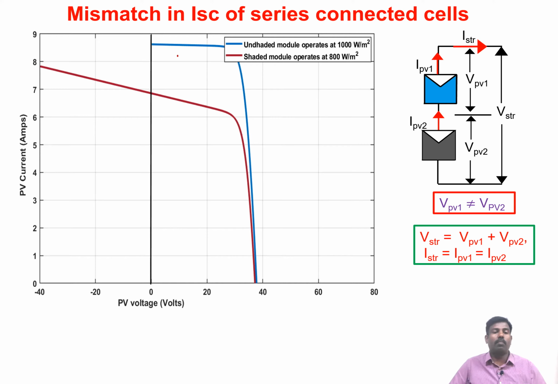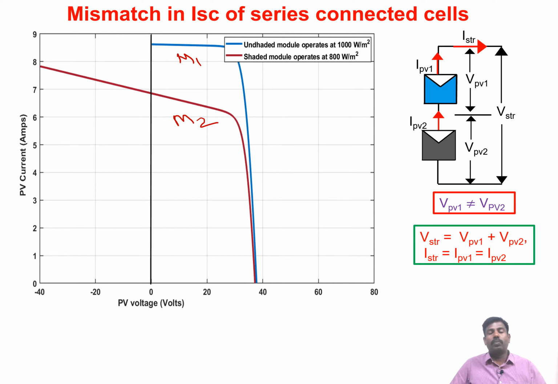Let us assume that module 1 is at 1000 watt per meter squared, and this is module 2. From this you can observe that the two IV characteristics are not similar. Why are they not similar? Because the irradiation on the modules is different, maybe due to some effects. Now we are connecting these two modules in series, module 1 and module 2.